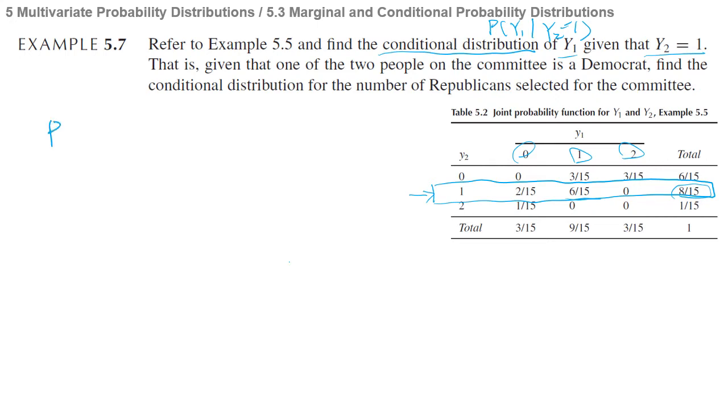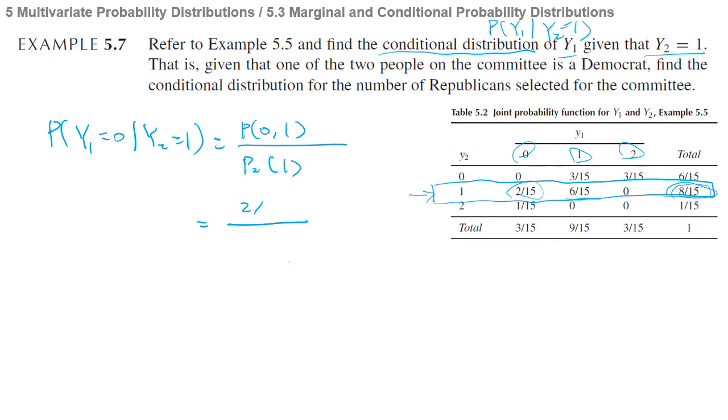So the probability of y1 equals 0 given y2 equals 1 is p(0, 1) divided by p2(1). Here p(0, 1) is 2 over 15 and p2(1) is 8 over 15, so 2 over 15 divided by 8 over 15 is 1 over 4.